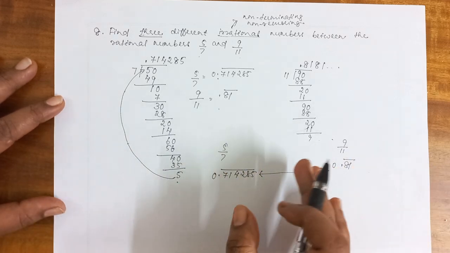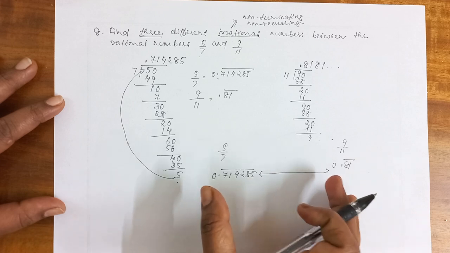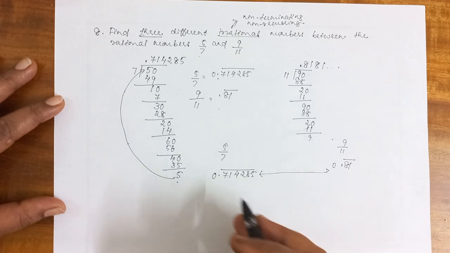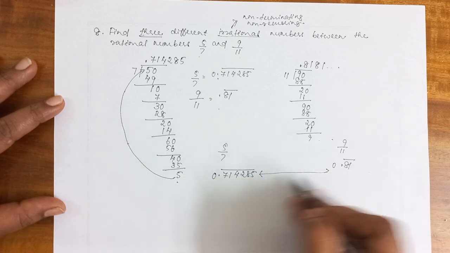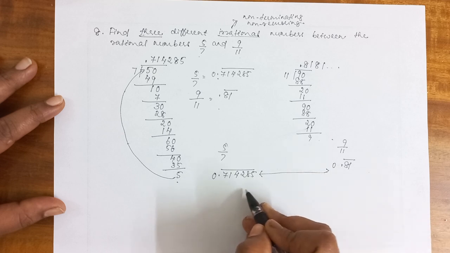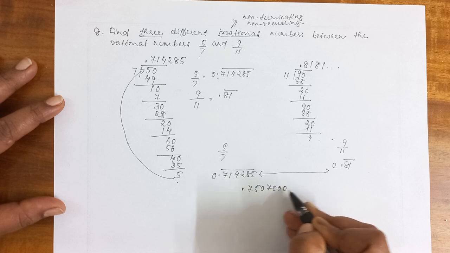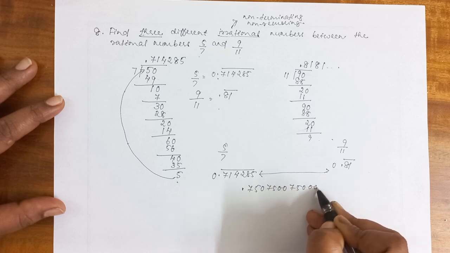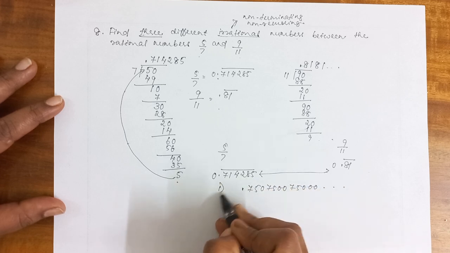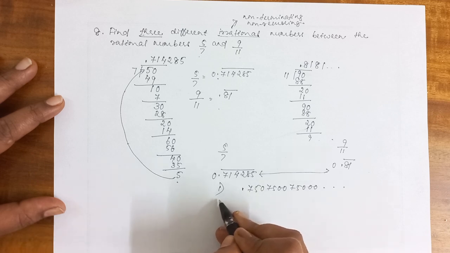I have already told you an easy way to write these non-terminating, non-recurring numbers. I will take any number between these two, like here, I will take 0.75. 0.750750075000 etc. Isn't it? Let this be the first one.